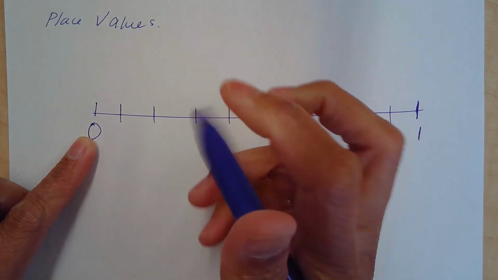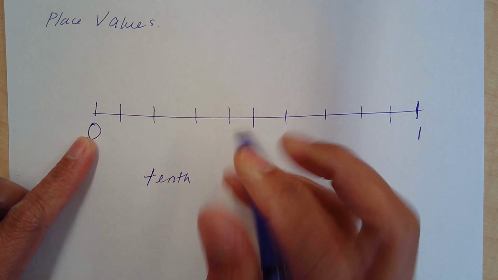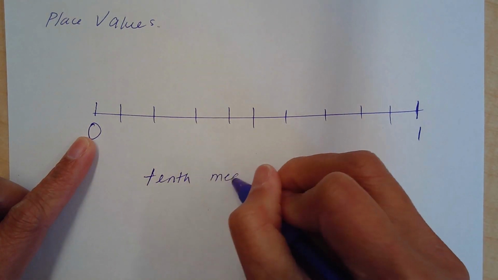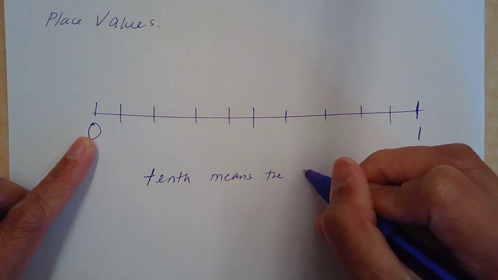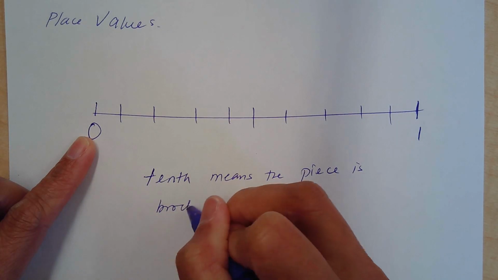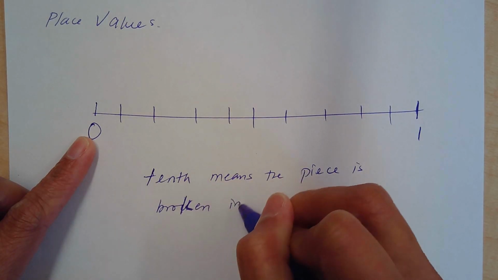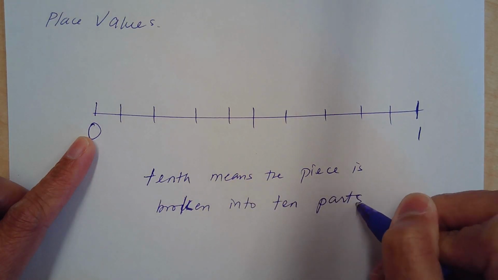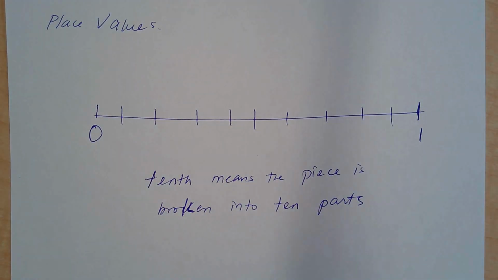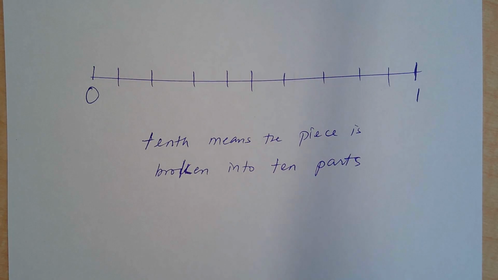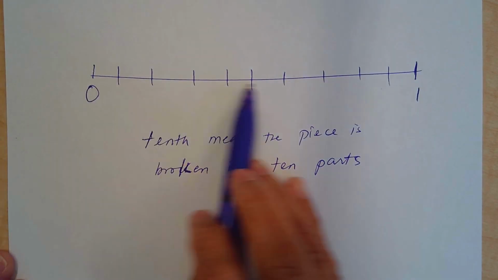So when we say tenth, it means the piece is broken into 10 equal parts. So this is tenth.